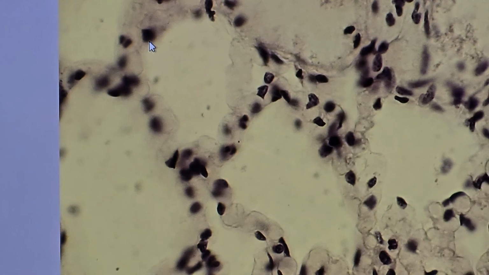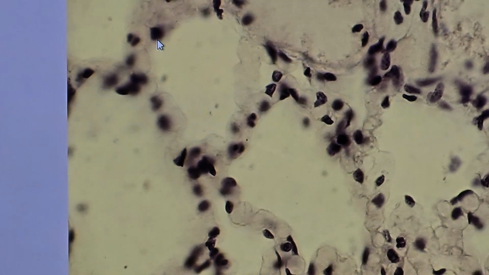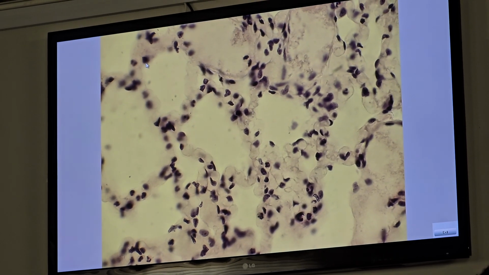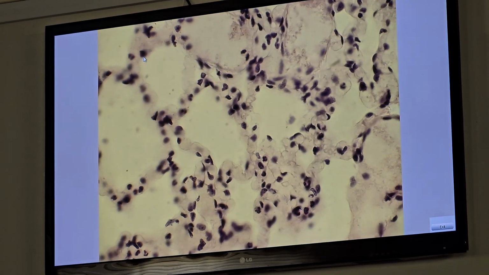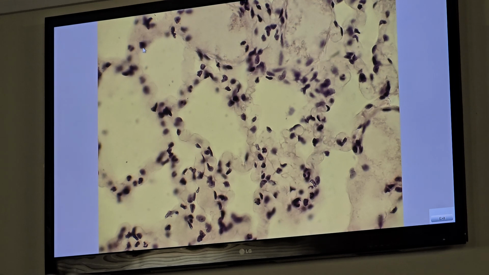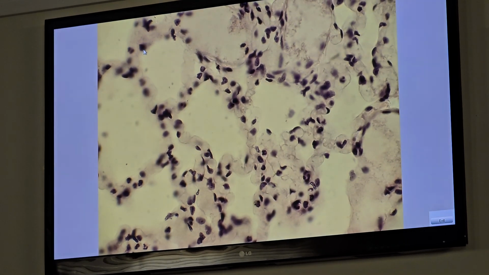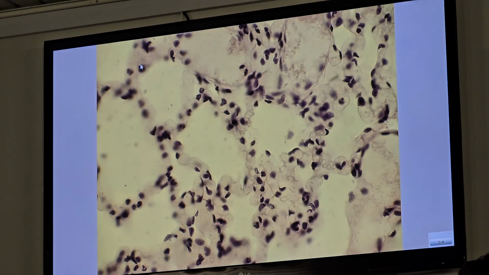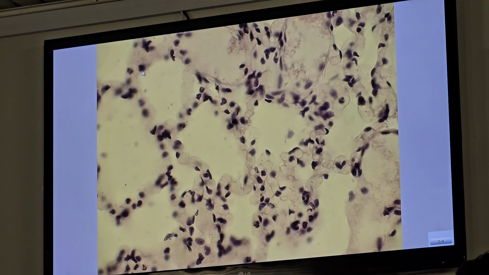Specialized macrophage. This cell is similar to the type 2 alveolar cell, but slightly darker due to its content of dust, carbon, and iron from damaged erythrocytes. You see it rounded, but the cell is darker compared to type 2.